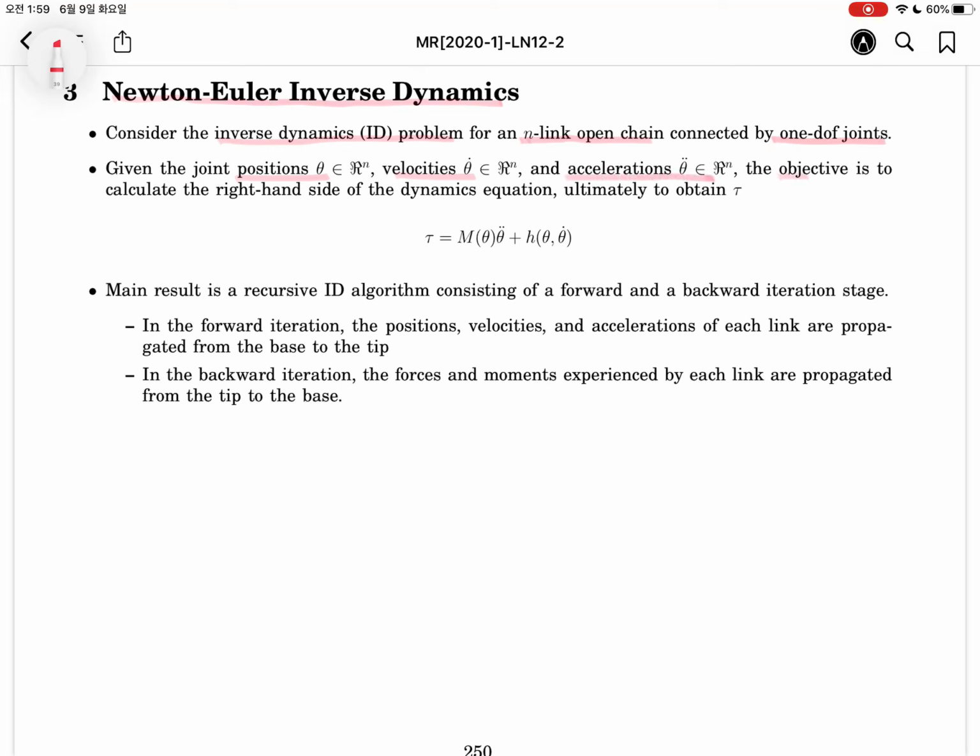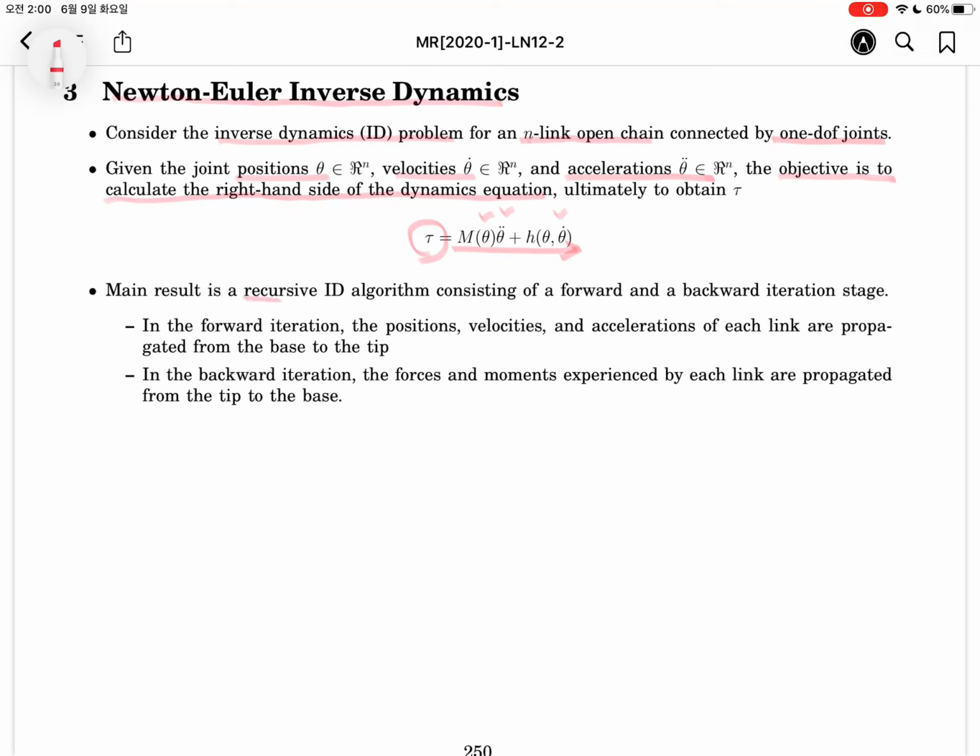The objective is to calculate the right hand side of the dynamic equation, ultimately to obtain the torque. So inverse dynamics will be used to make your own controller.